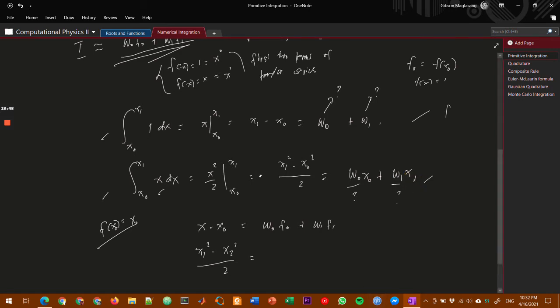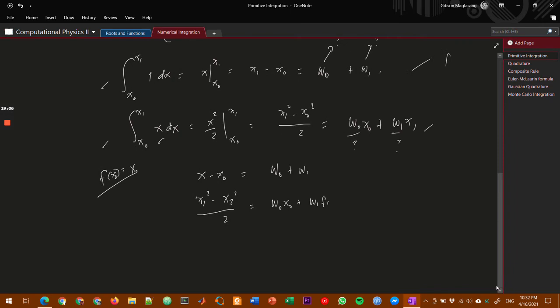So we can solve for the weights: w naught plus w1, and then w naught x naught plus w1 x1. This is easy to solve.